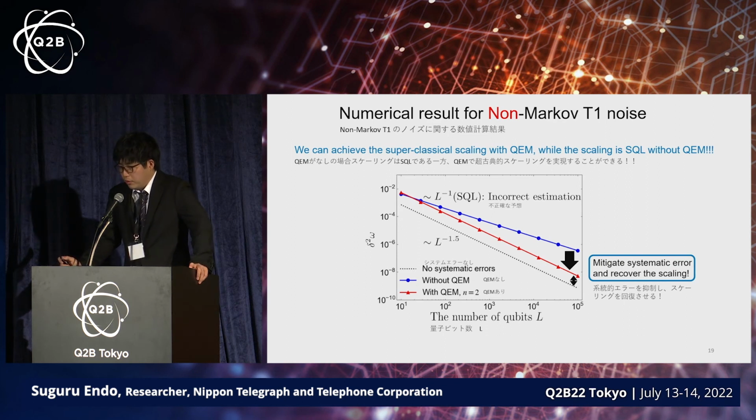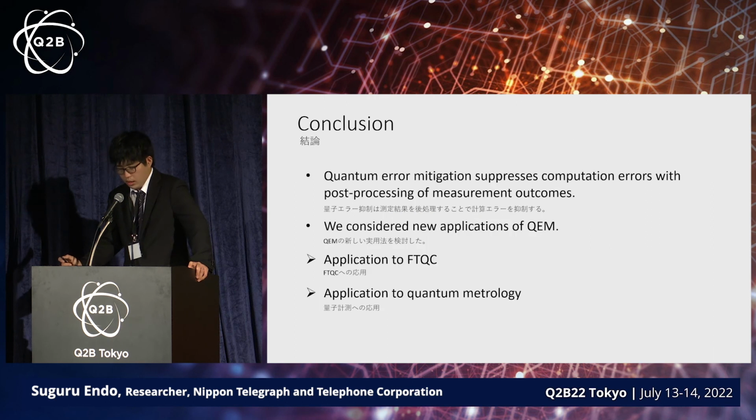But when we use quantum error mitigation, we can suppress the systematic errors and recover the quantum scaling, which is better than classical scaling. So we also verify that quantum error mitigation is a really powerful tool, even for quantum methodology. And this is a conclusion.